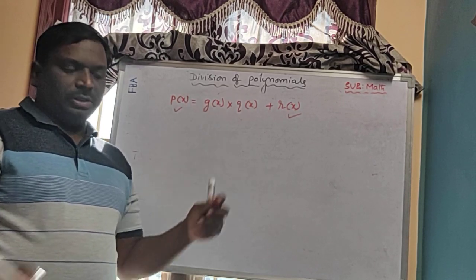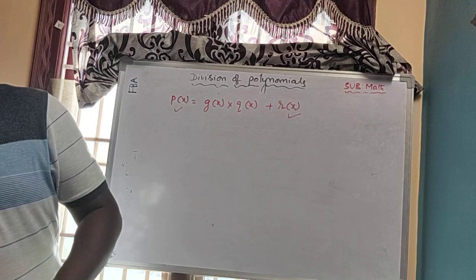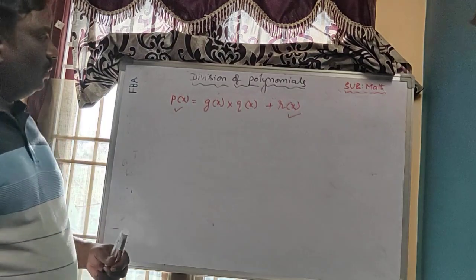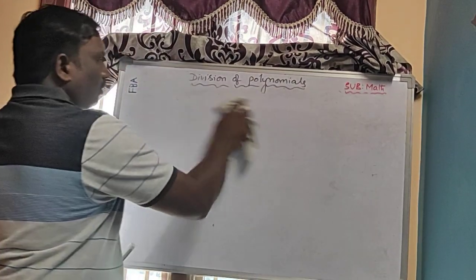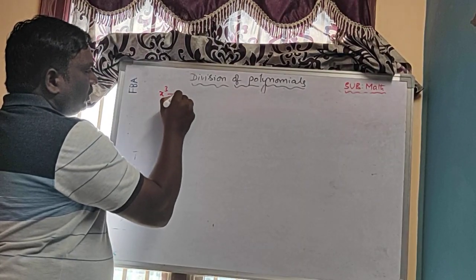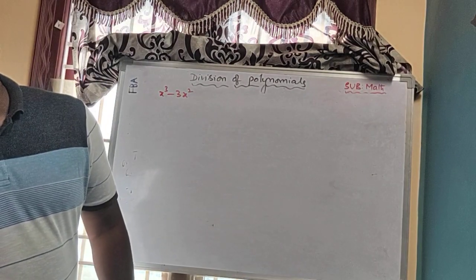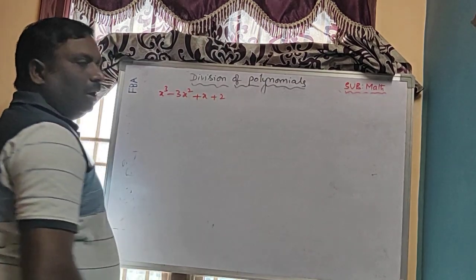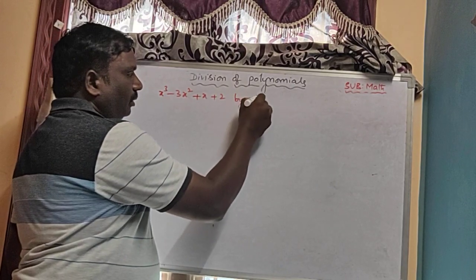Okay, so in your textbook they give one question. On dividing one of the polynomials, the polynomial is x cube minus 3x square plus x plus 2, and dividing this polynomial by g of x.